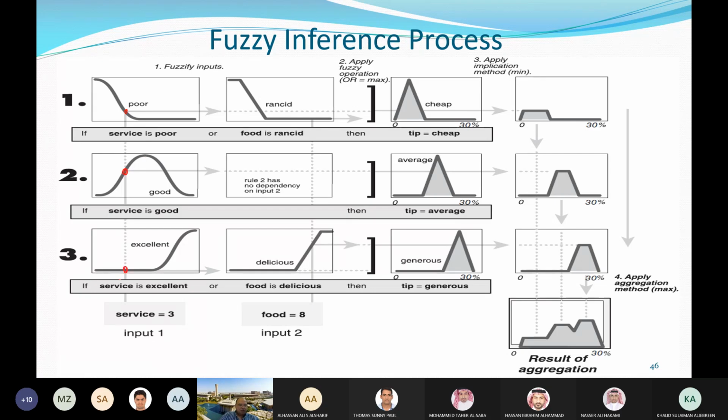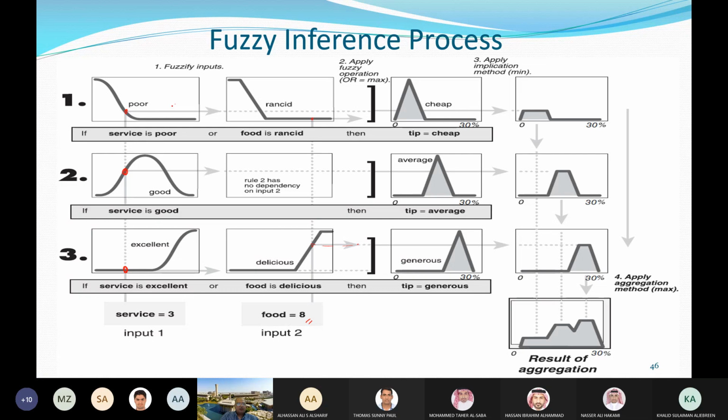And the degree of membership here is 0. Okay, so these are the three rules that we have. For 8, this is 8. So in terms of the rancid, the membership is 0. In terms of the delicious, the membership value is 0.8 or something like this.